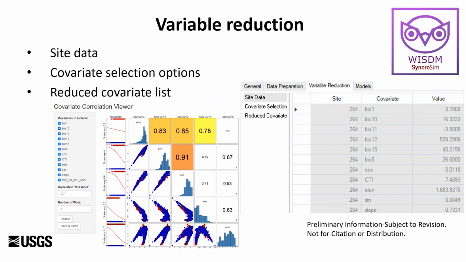If there's a high correlation between a couple of variables, you probably want to drop them. So we have along the diagonal a histogram of values for your field data. Above that diagonal is the correlation coefficient between those different covariates, and below the diagonal is the scatter plot of that. So on the far left, you can select or unselect what covariates you actually want to use within the model. And then the outputs will produce your reduced covariate lists that are what is actually fed into the model algorithm.